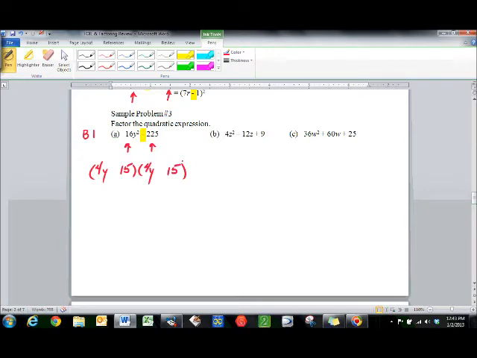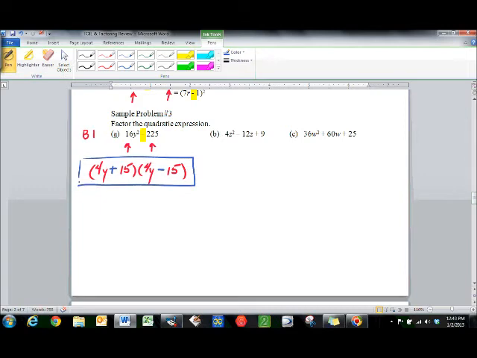So since we recognize that we are dealing with 2 perfect squares and a difference of squares, the pattern suggests that one of the final terms is going to be positive, and one of the final terms is going to be negative. And that is going to give us 4y plus 15 times 4y minus 15, and that would be your final factored expression.